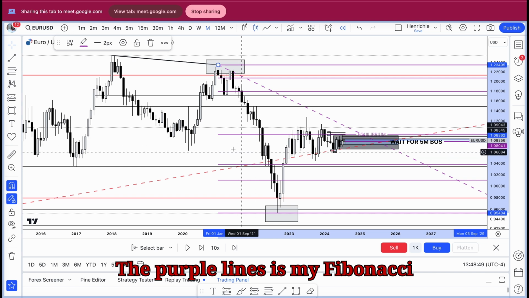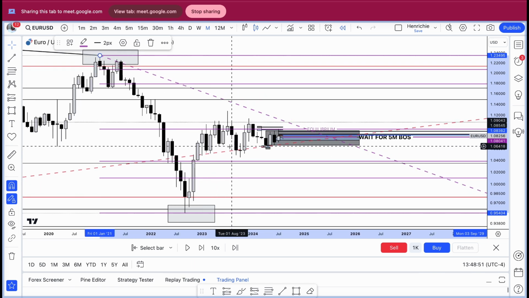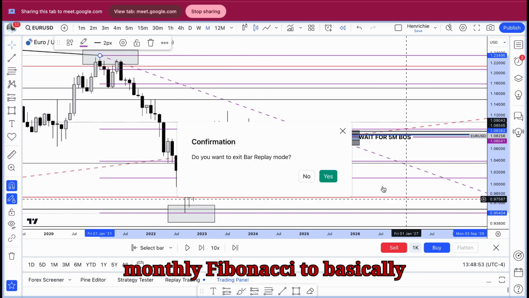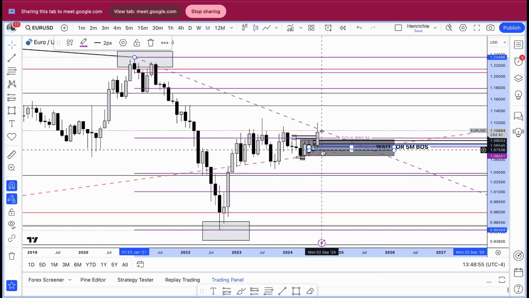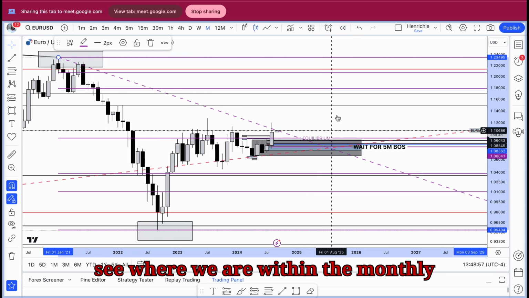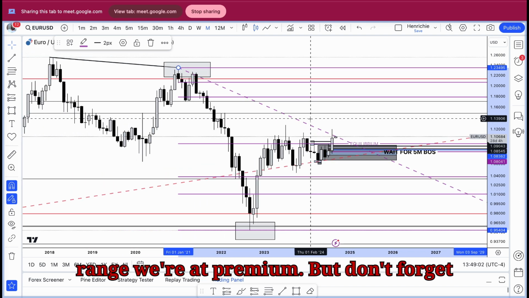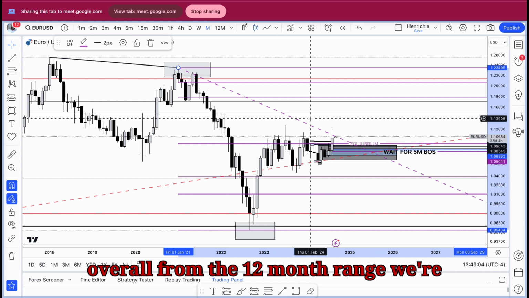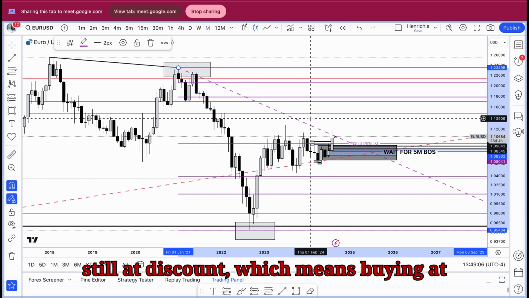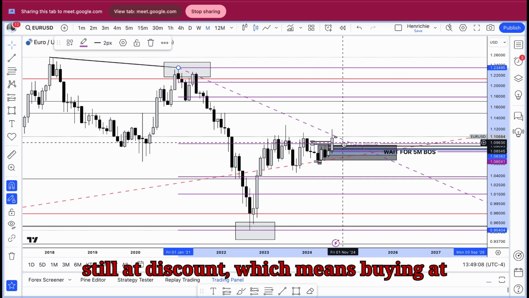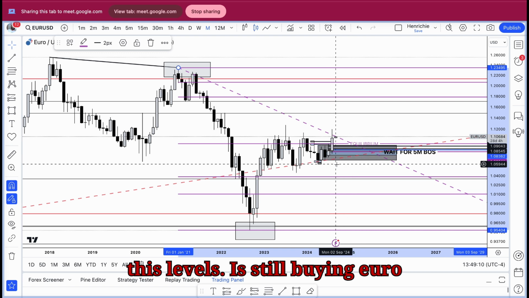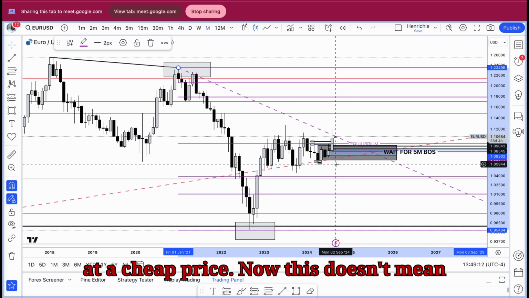The purple lines is my Fibonacci. On the monthly time frame, I'm using the monthly Fibonacci to basically see where we are within the monthly range. And right now within the monthly range, we're at premium, but don't forget overall from the 12-month range, we're still at discount, which means buying at these levels is still buying euro at a cheap price.